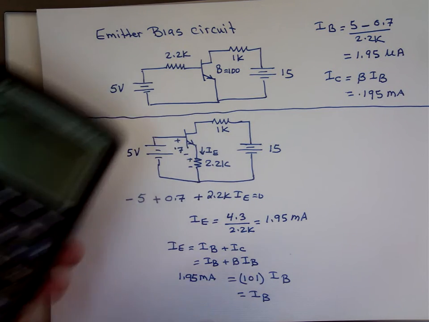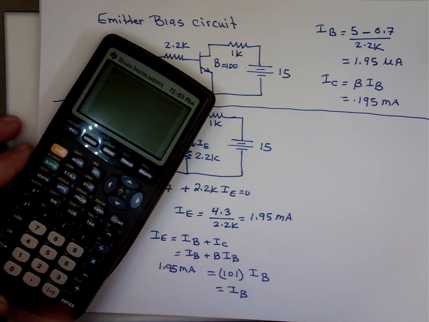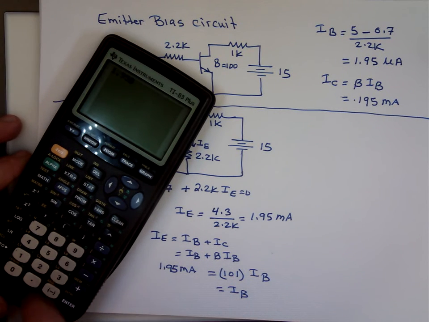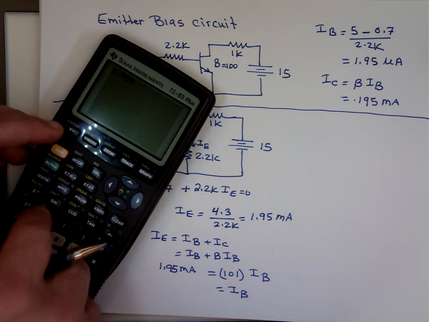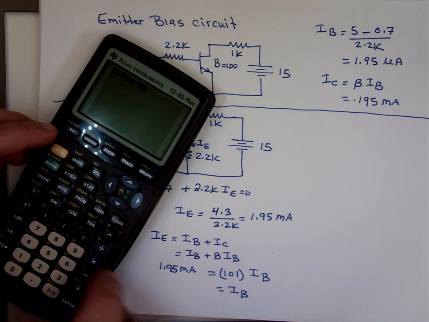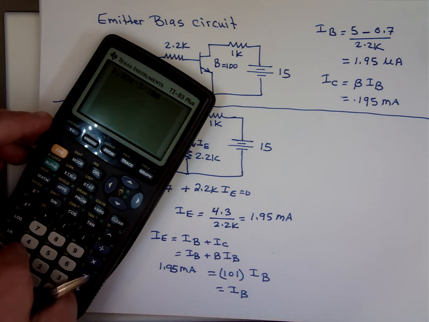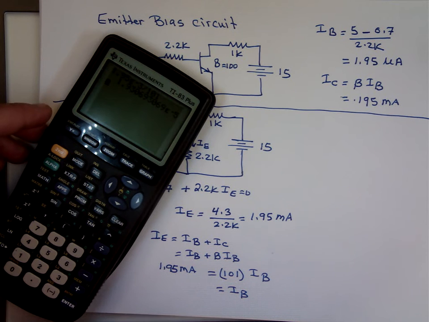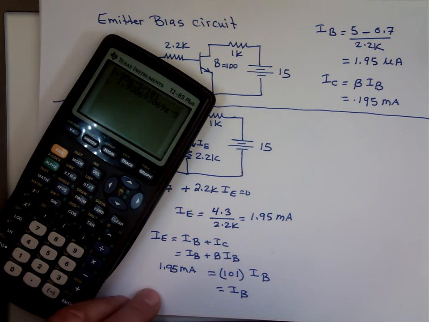Let's make sure I divide it correctly here. 1.95, sometimes I get distracted, divided by 101. And that number is what? 0.193 microamp.